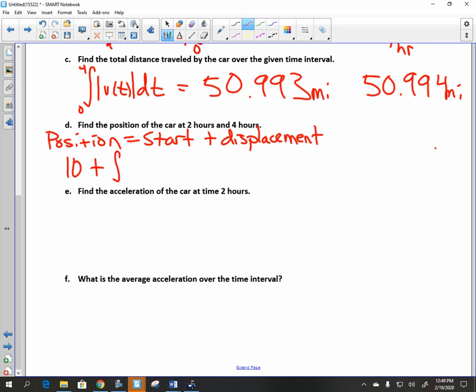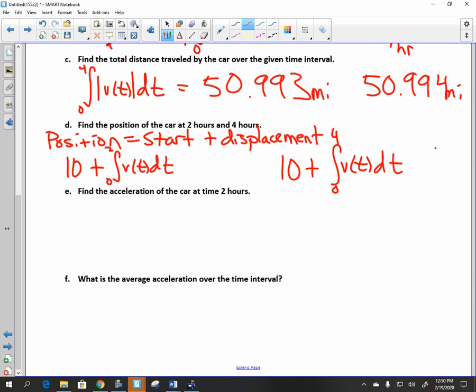Integral 0 to 2 of v of t dt. We'll do the 4 one in a second. Now, if we set up the other one, we have 10 plus the integral from 0 to 4 of v of t dt.